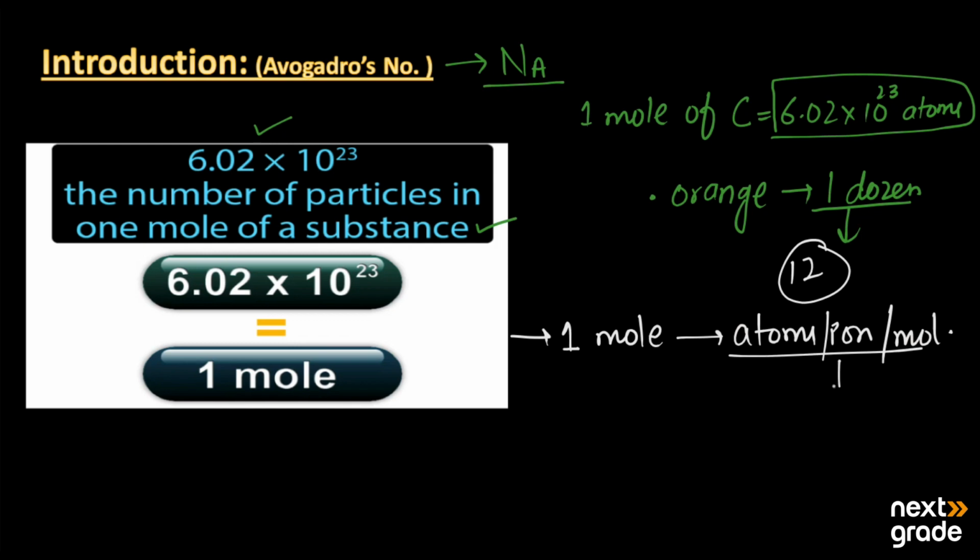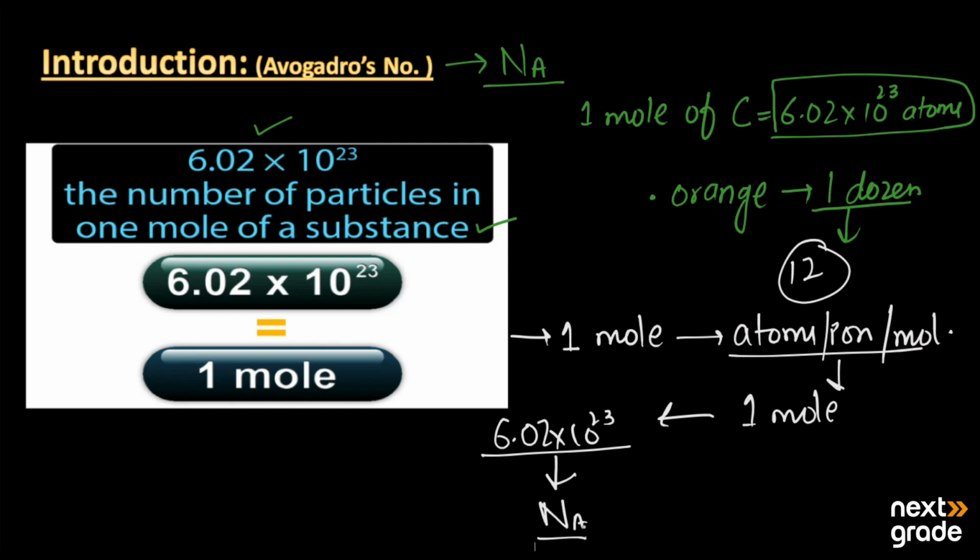All these are equal to 1 mole, and 1 mole contains a total of 6.02 into 10 raised power 23 particles, and this number is equal to Avogadro's number that is denoted by Na.